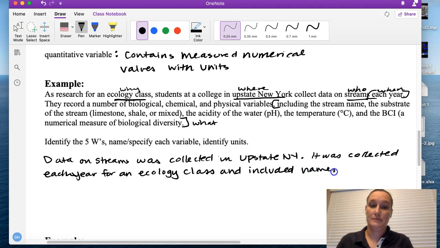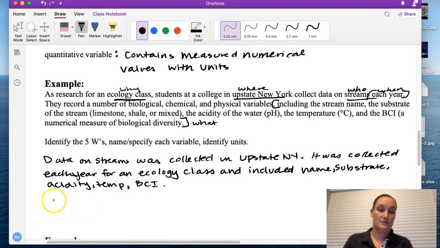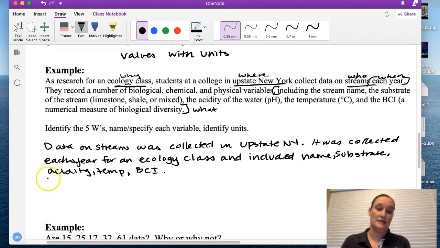Name, substrate, acidity, temp, and BCI. Okay, so there's my 5 W's, and then it says name, specify each variable, including units.